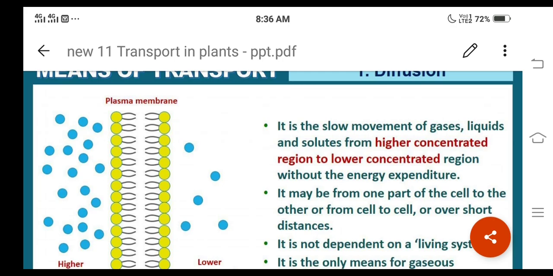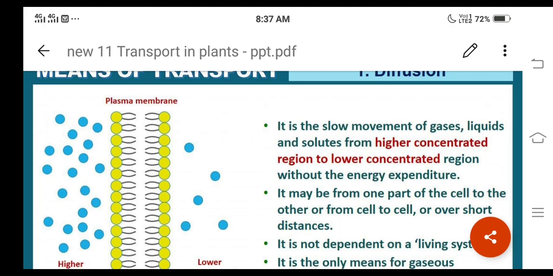We can also define it like this: the movement of molecules or ions from the region of their higher concentration to the region of their lower concentration until the molecules are evenly distributed throughout the available space is known as diffusion.